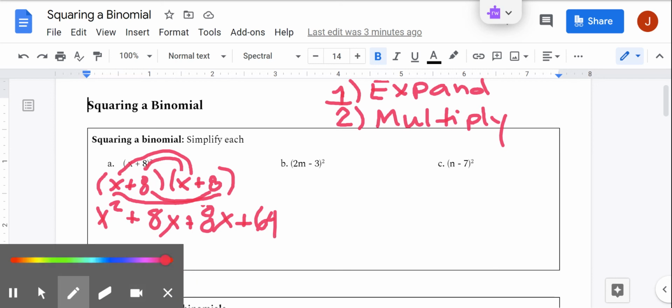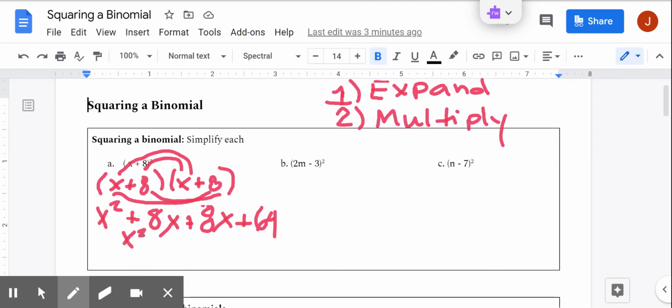Now we can go ahead and combine like terms. Those two 8x's are like terms. We can combine there, and we have x squared plus 16x plus 64 for our final answer.